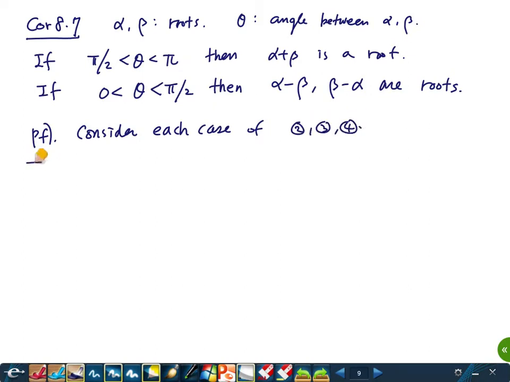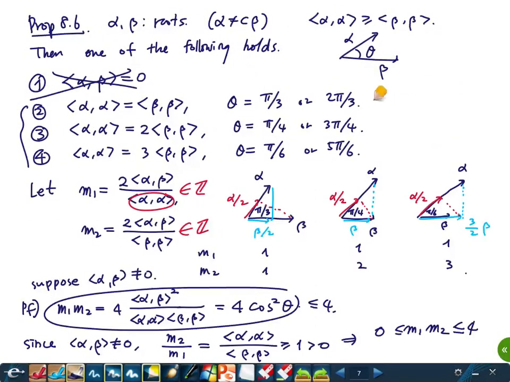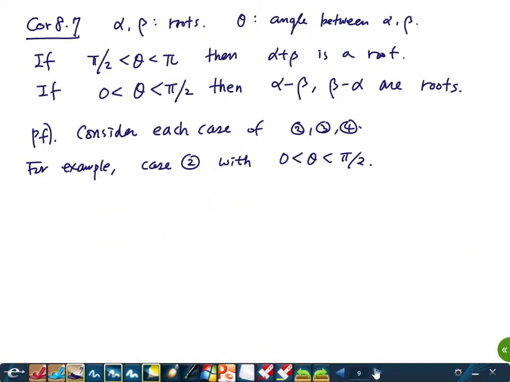So let's consider, for example, only one case, case 2 with, say, an acute angle. Case 2 with theta less than pi over 2, theta must be this. So that means theta is pi over 3.